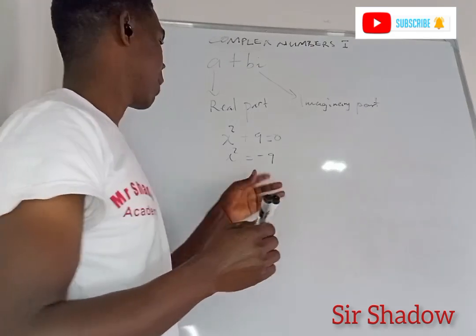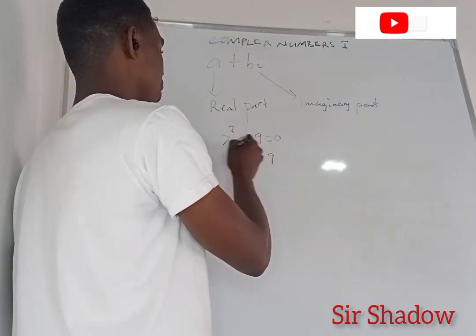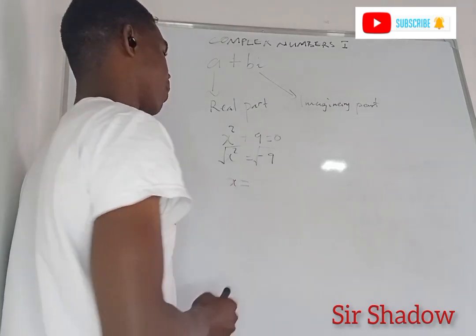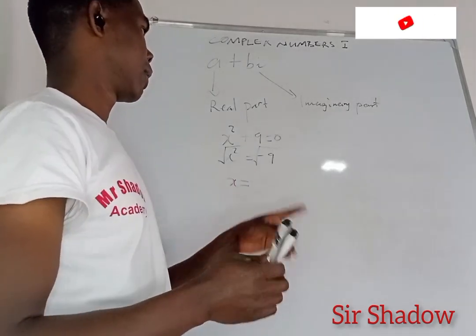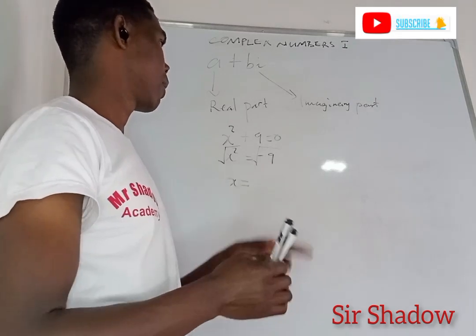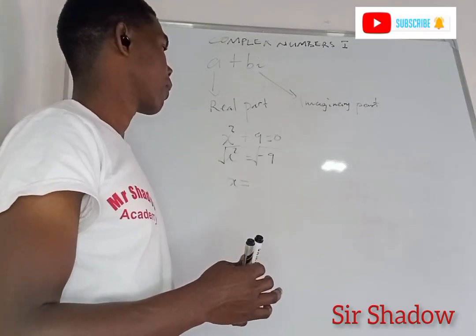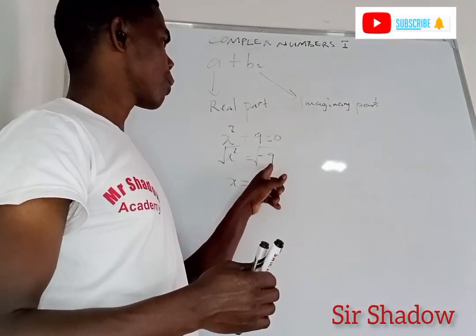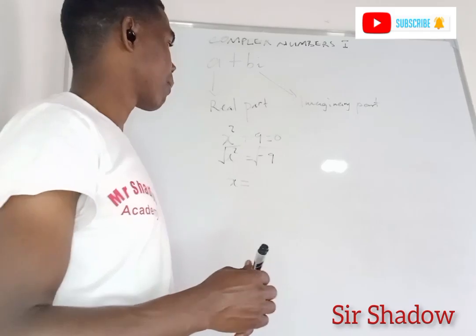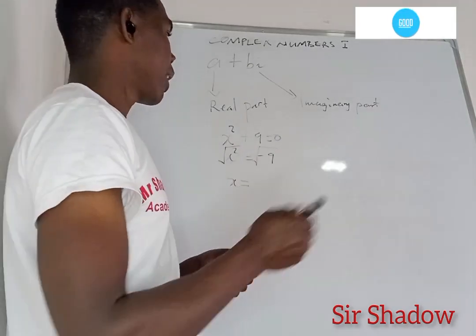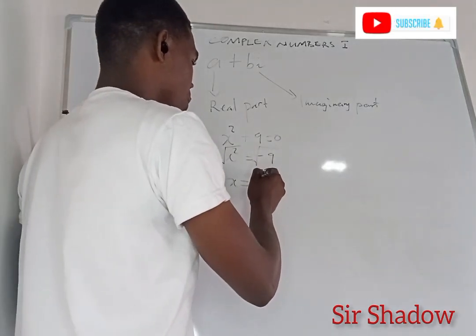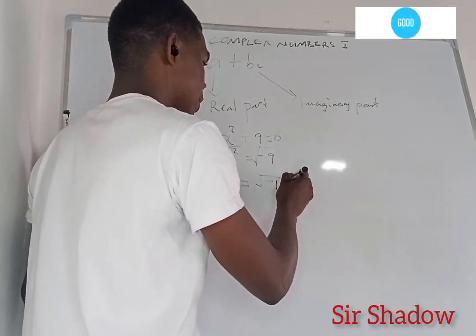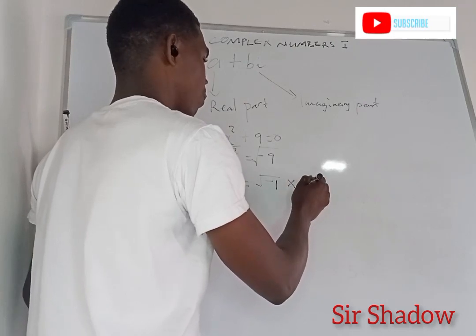So in order to get the value of x, we have to square root both sides, which means x is equal to root of negative 9. Root of negative 9 is not an error, but it is the same as root of negative 1 times root of 9.